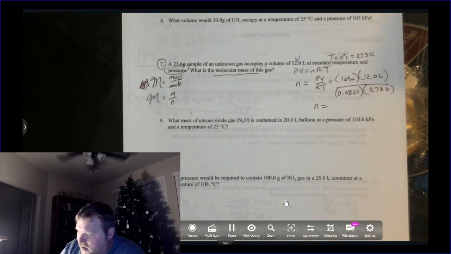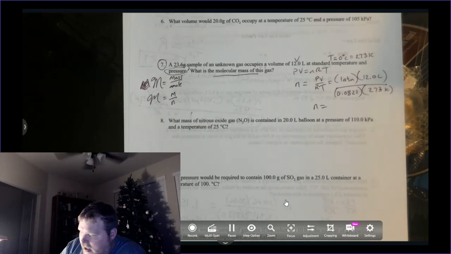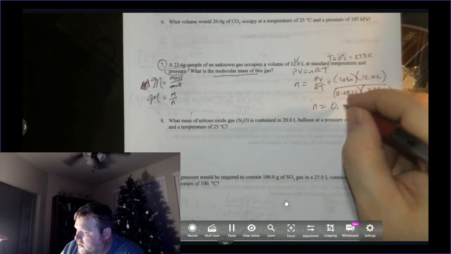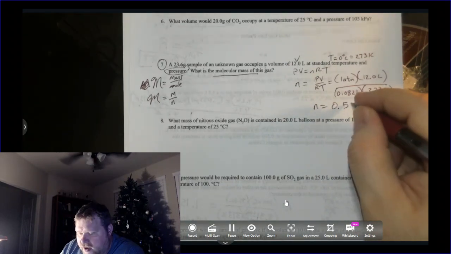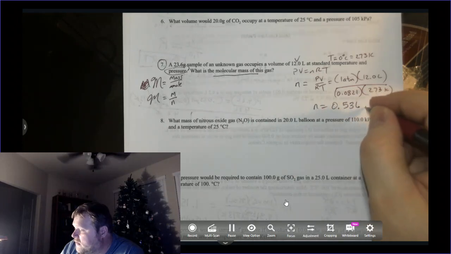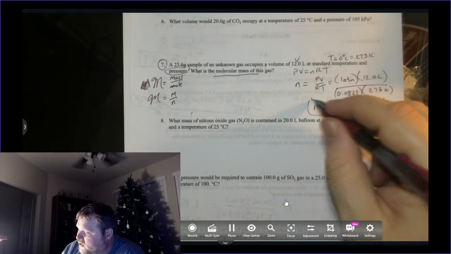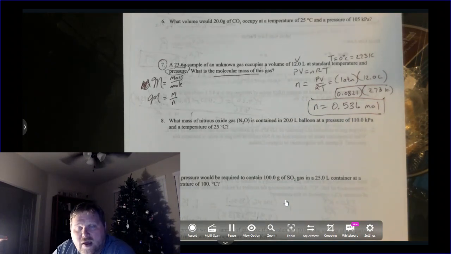Let's take our calculator and solve this. 1 times 12 is 12, divided by 0.0821, and then divided by 273. And so n is... I'll just keep 3 sig figs for now because we're going to move over here. That's not the final answer. That's just a weigh station on the way. PV equals nRT helps me get moles.